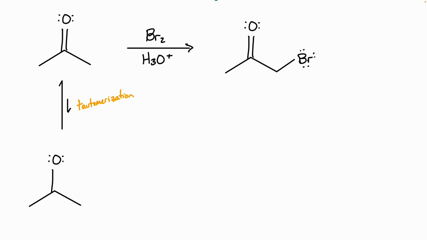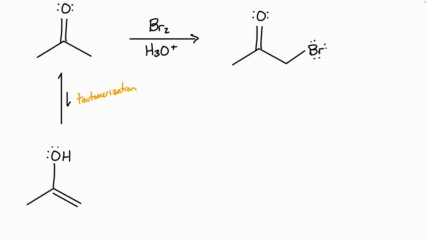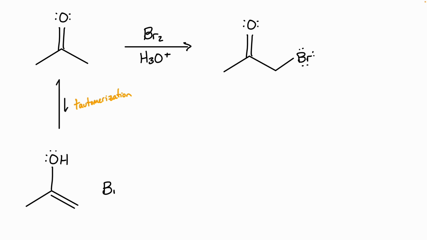And when we have this tautomerization, we get an alcohol right next door to an alkene, to a carbon-carbon double bond. All right.